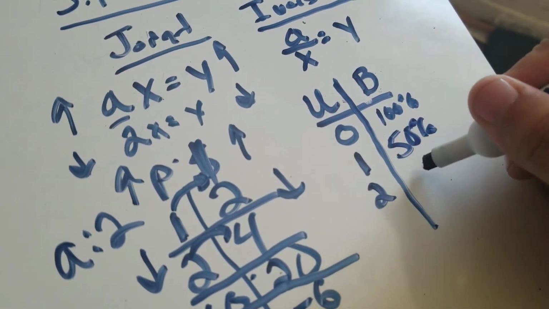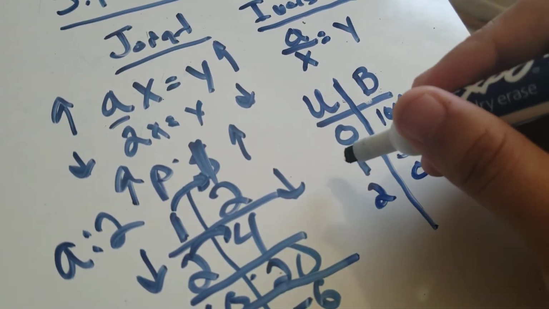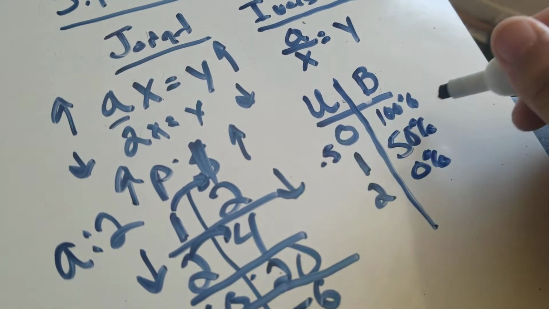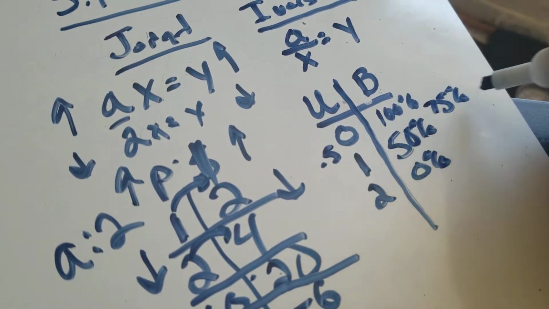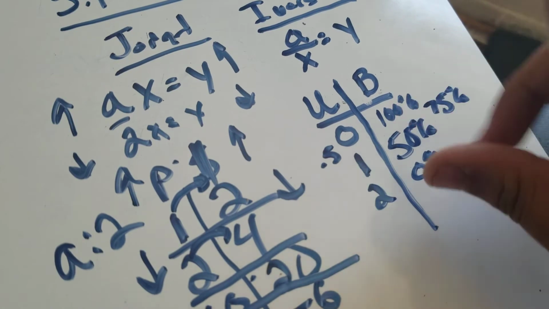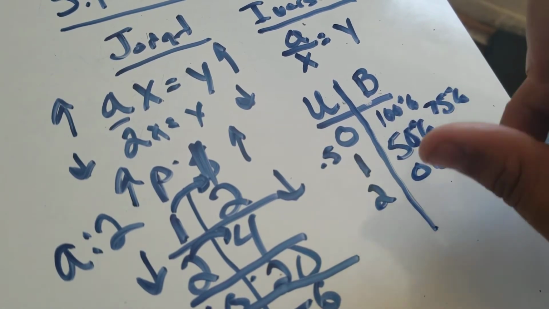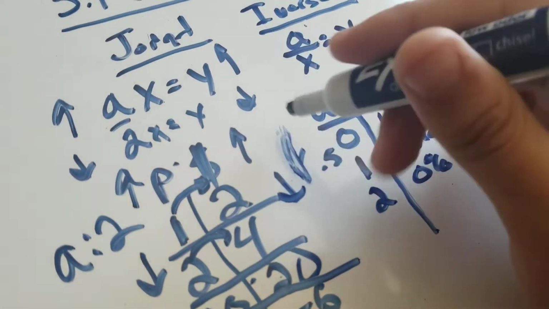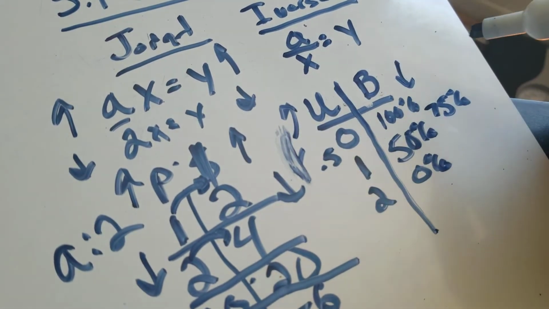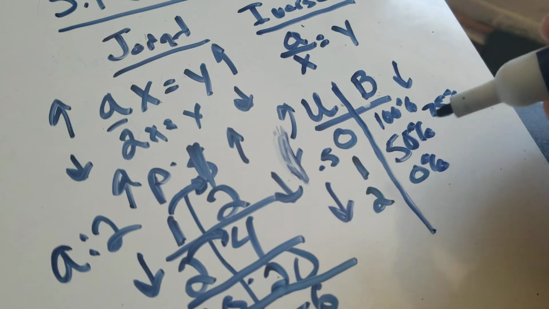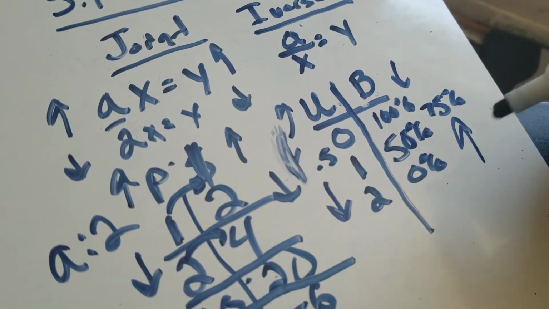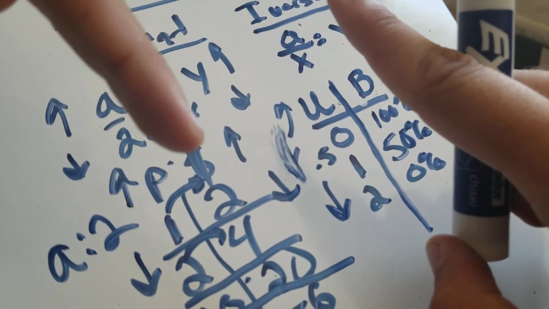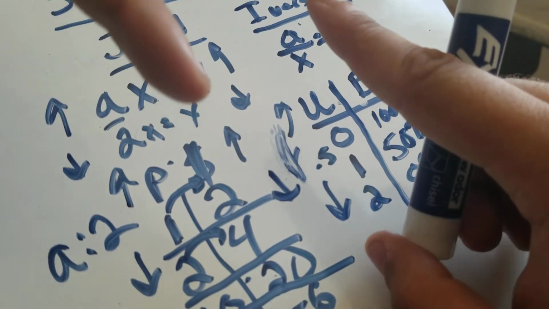If you use it for 2 days, maybe you have 0% left. Maybe you use it for half a day, you still have 75% left. So notice the variation here: the more I use it, the less battery I have, but the less I use it, the more battery I have. So that's why they're going in separate directions. That's the inverse.